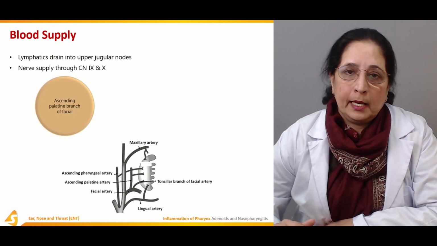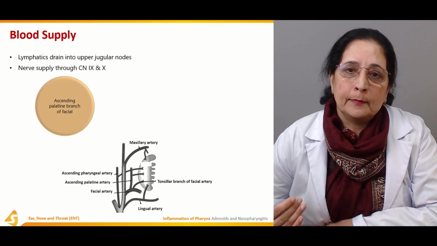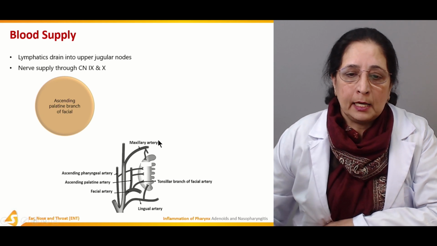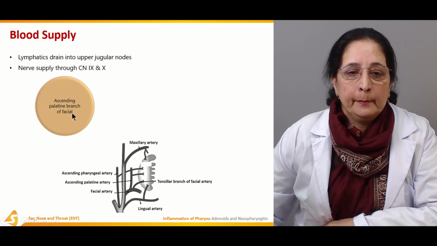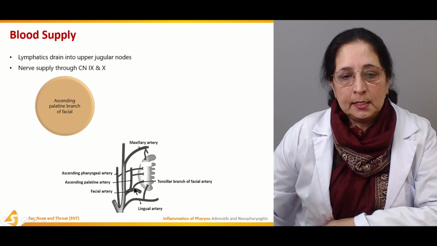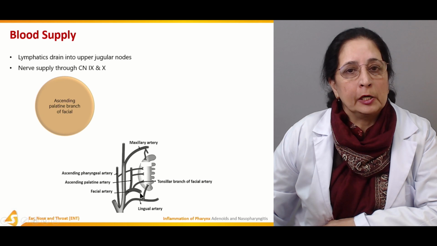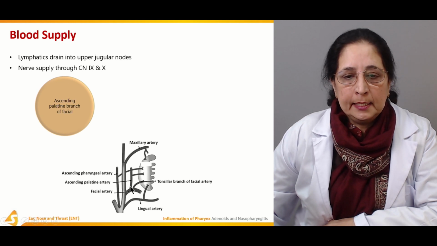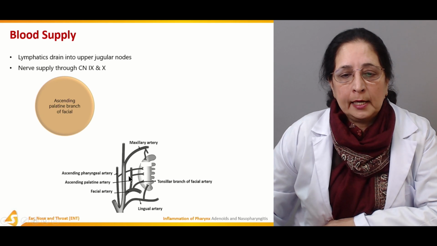For the blood supply, the arteries that supply the adenoids, we have the ascending palatine branch of the facial artery. Here you can see this is the facial artery and this is the ascending palatine branch, and that gives branches to the adenoid tissue.